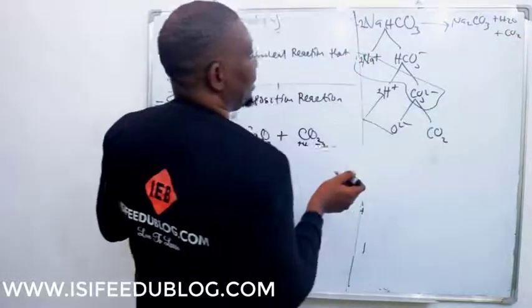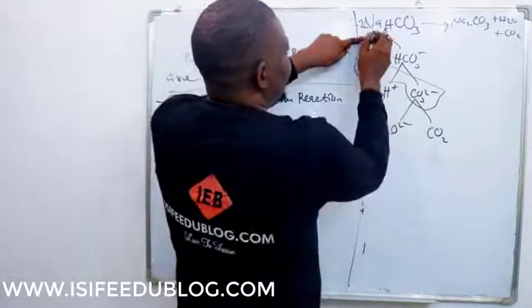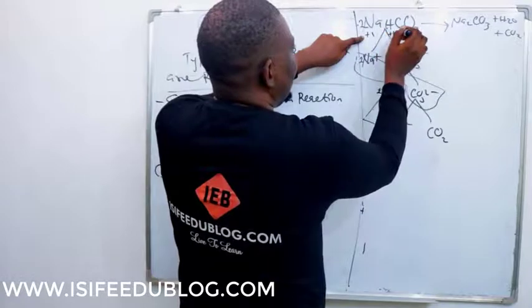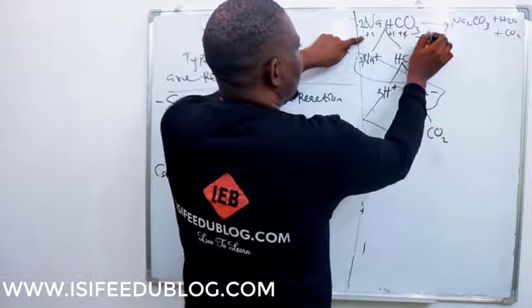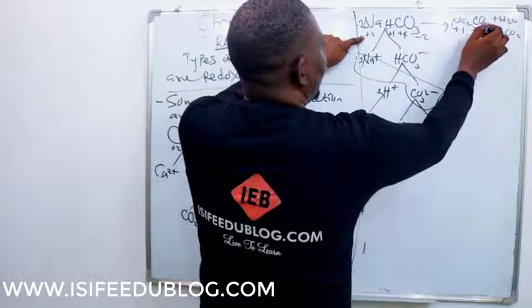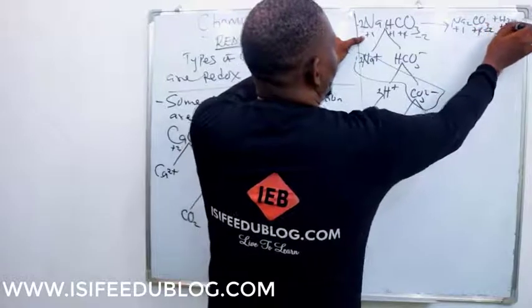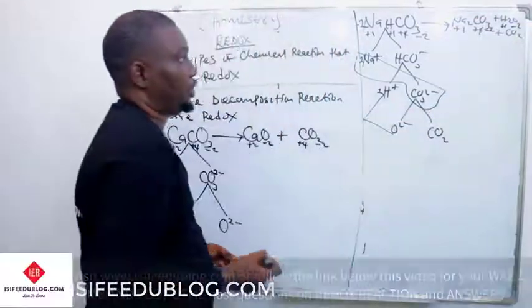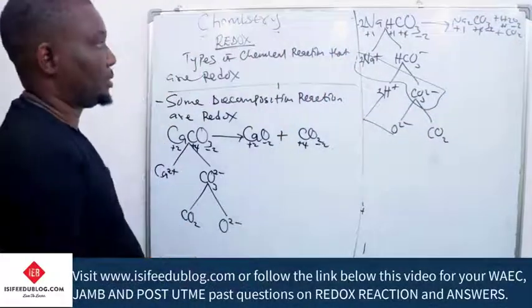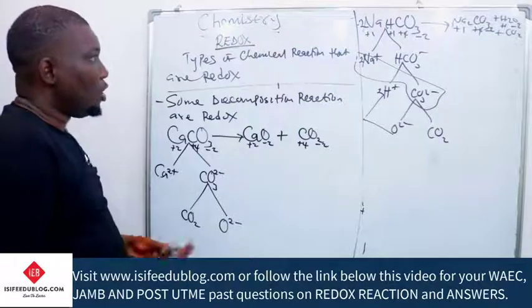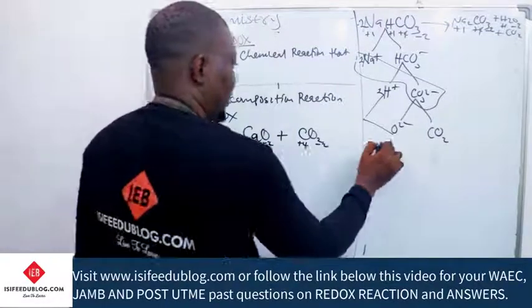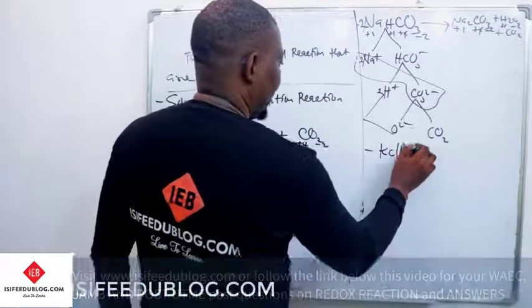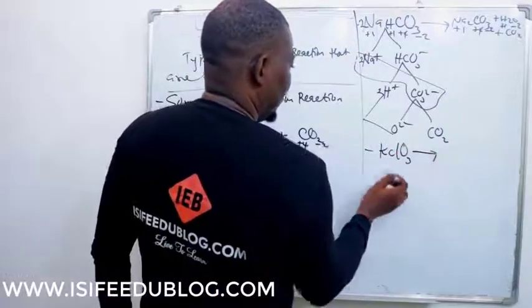Check if it's a redox reaction. This is +1, this is +1, +4, -2, +1, +4, -2, +1, -2. No change. So it is not a redox reaction. Okay, let's see if this could be redox. KClO3 decomposes. What has it got to give us?